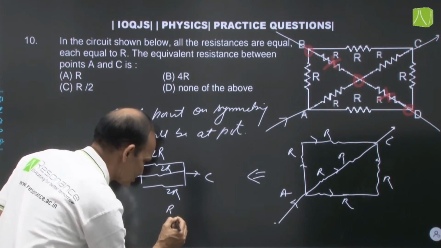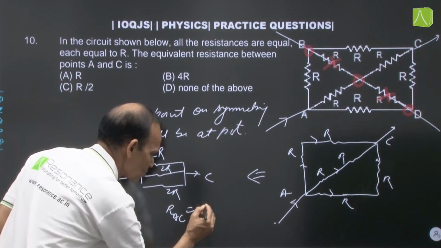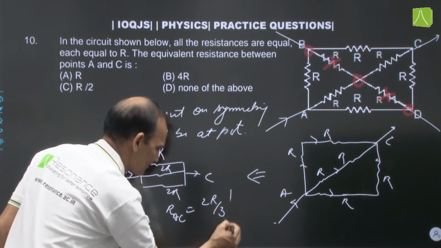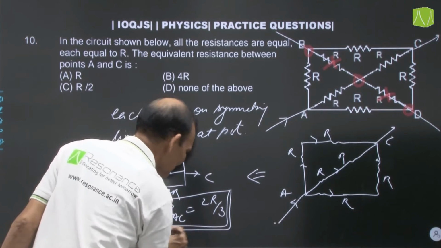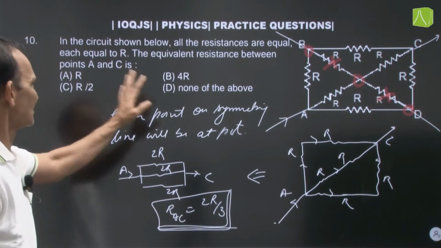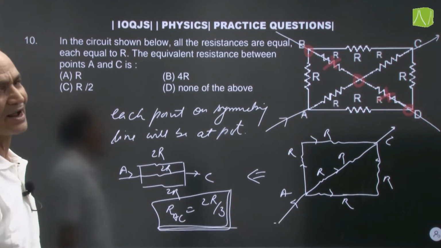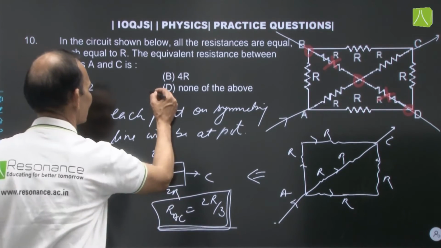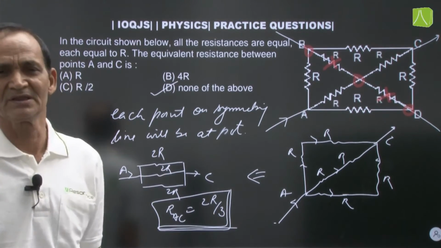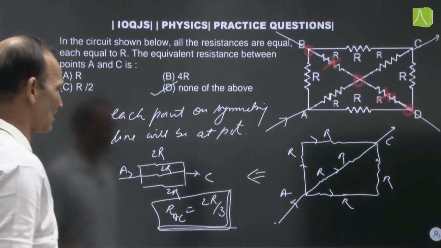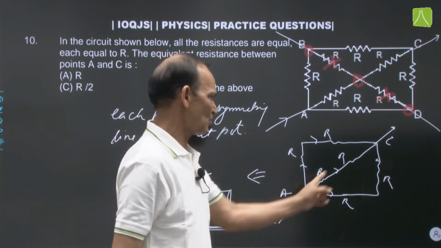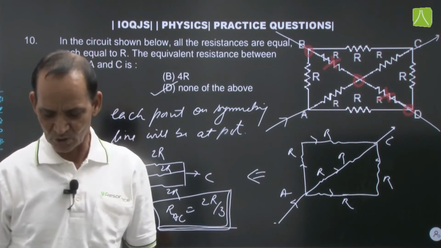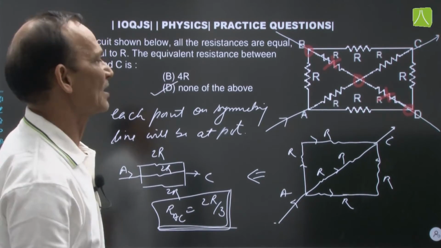So RAC will be equal to 2R by 3. It must be the answer, but there is no such option, that is, equivalent resistance between A and C is 2R by 3. So correct option is none of these. Our answer must be 2R by 3 because 2R, 2R, 2R are connected in parallel. So equivalent resistance in parallel will be 2R by 3.